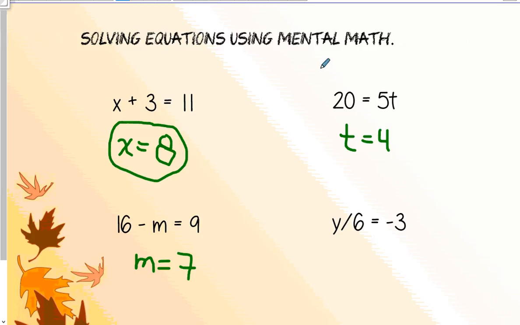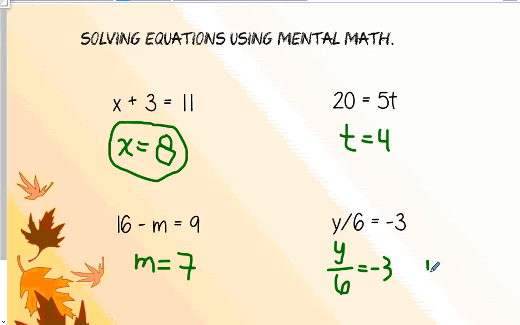The last one, and I had to type it out like this, you might see it in your book like this. Don't get confused if you see it like this. It still means, what number divided by 6 equals negative 3?